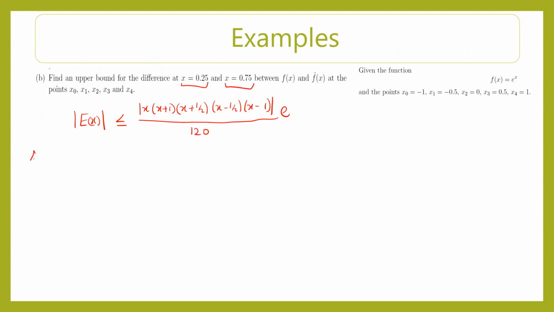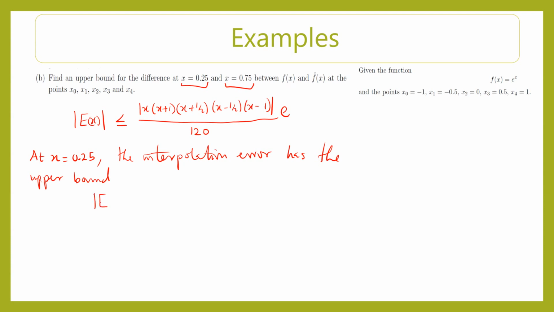So when x is 0.25, we will get the interpolation error as the upper bound. Okay, so this would be 0.25.